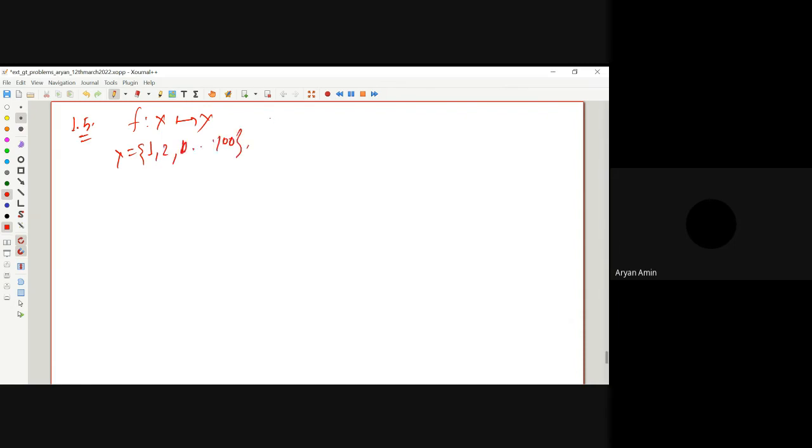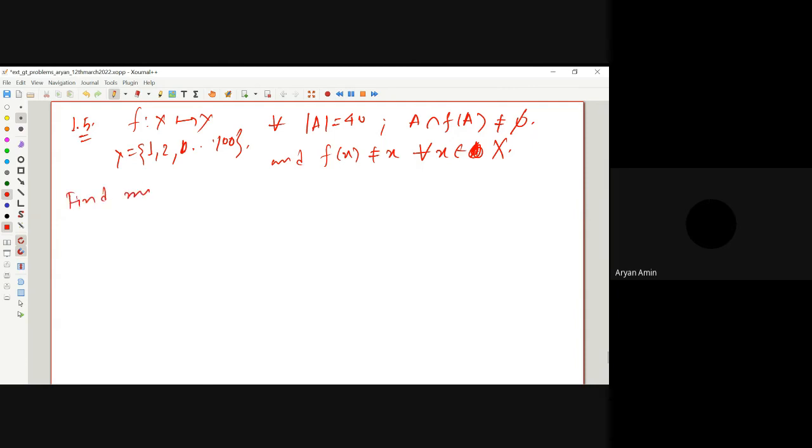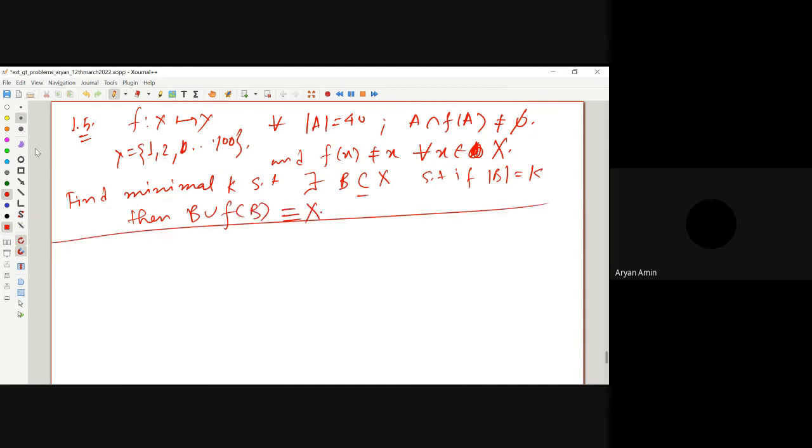You are given that for all subsets A with size 40, the size of f(A) is not 0, and f(x) is not equal to x for all x belonging to X. Find the minimal k such that there exists a subset B of X, such that if |B| is k, then B union f(B) is X. So, did anyone get this problem?